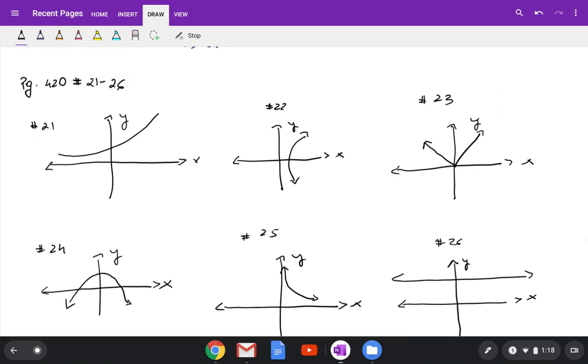And in those problems, again, you have to decide which graph represents a one-to-one function.